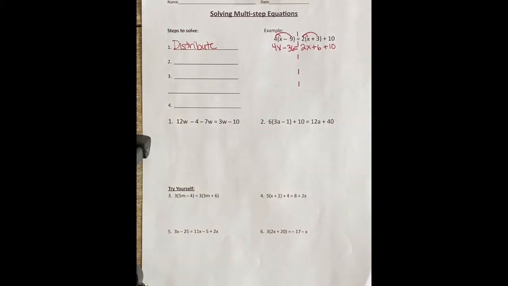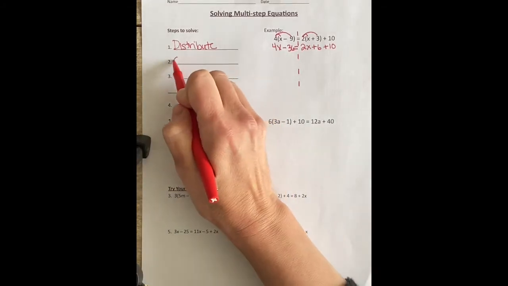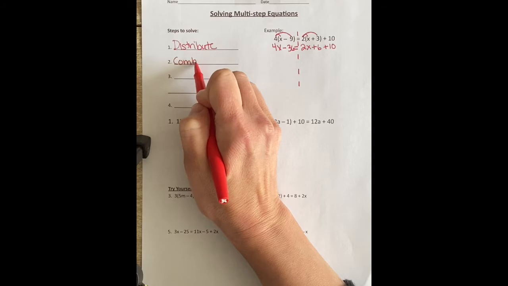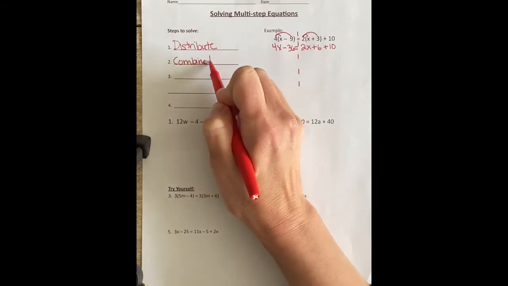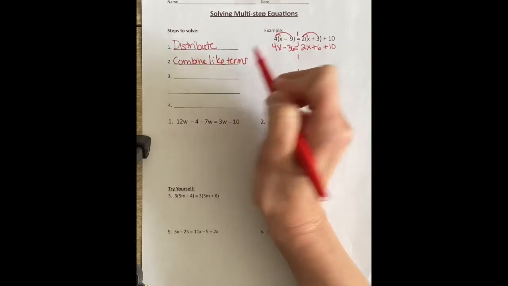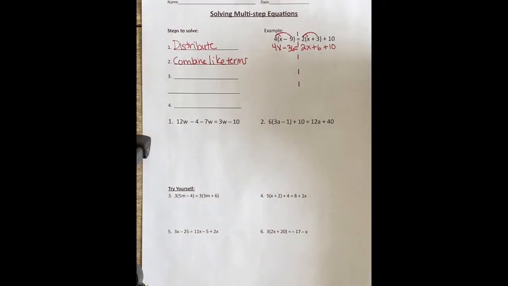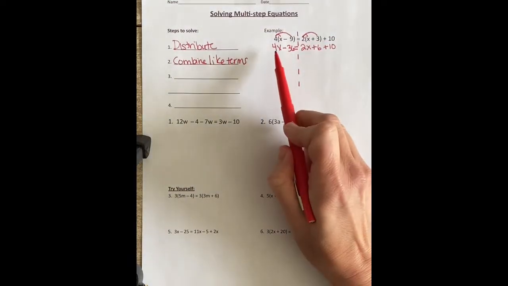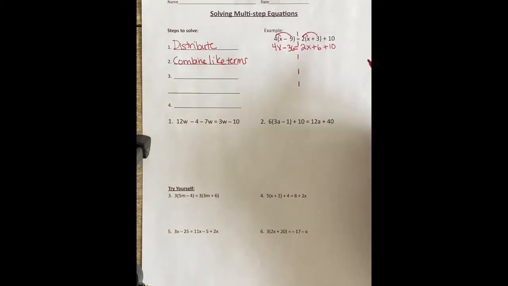So next thing we want to do is look to see, can we combine like terms? The most important thing to remember is that when you combine like terms, they must be on the same side of the equal sign, which is why having this line will help you to remember that, because it's kind of like a blocker. So on my left side, I have 4x minus 36.